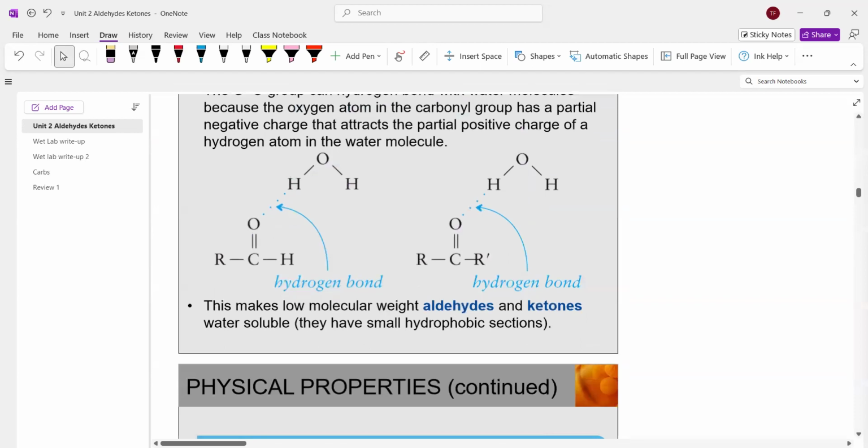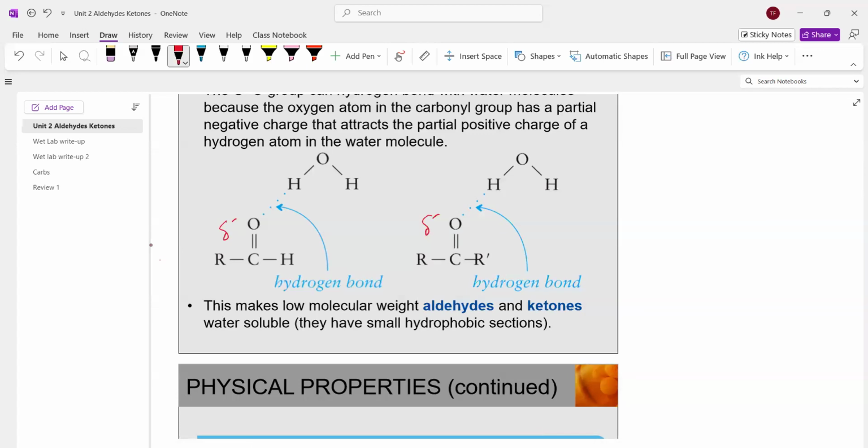Now, because the oxygen is present in the carbonyl group with both aldehydes and ketones, and being moderately polar, they have a tendency to be soluble in water.